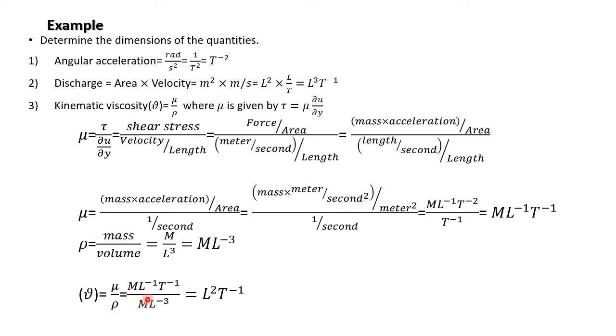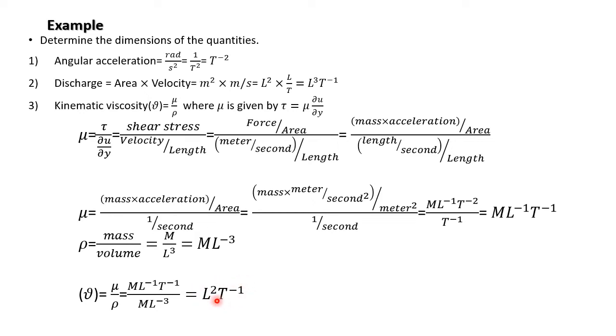So M and M cancel, and this L to the power minus 3 we take to the numerator. Here I have L to the power minus 1 into L cube, and I get L square T to the power minus 1. This L square T to the power minus 1 is the dimension for the kinematic viscosity.